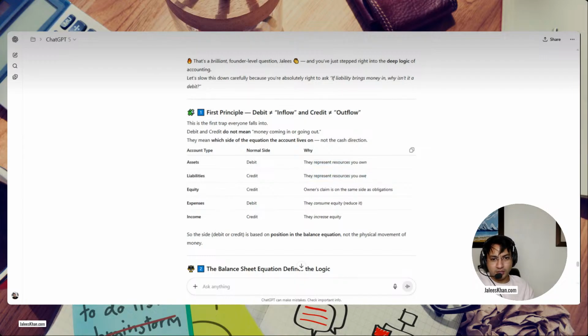Equity, credit: the owner's claim is on the same side as obligations. Expenses, debit: they consume equity and reduce it. Income, credit: they increase equity. So these are the account types and where they have to live. The side, debit or credit, is based on the position in the balance equation, not the physical movement of the money.